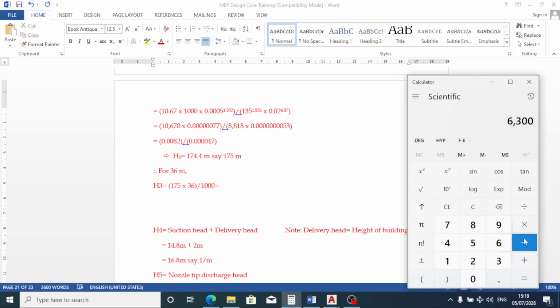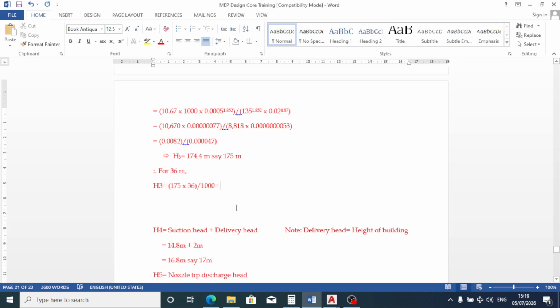Six divided by 1000, which is equals to 6.3 meters. So that's our H3.